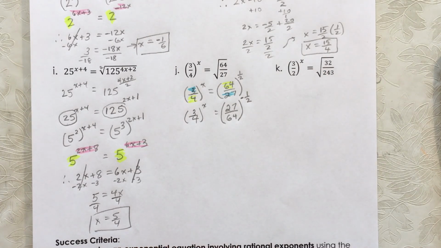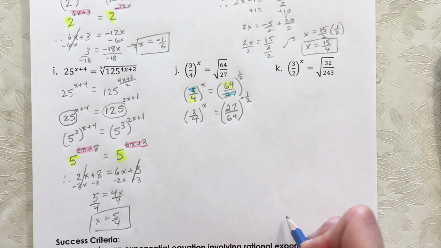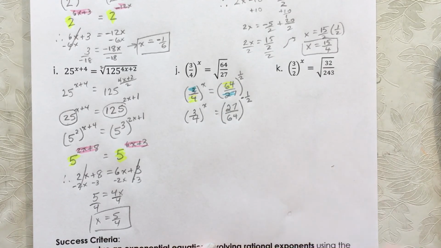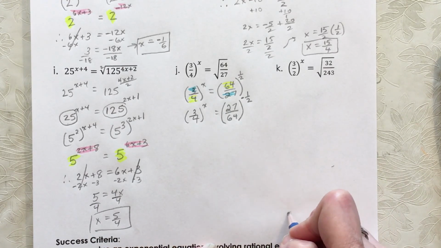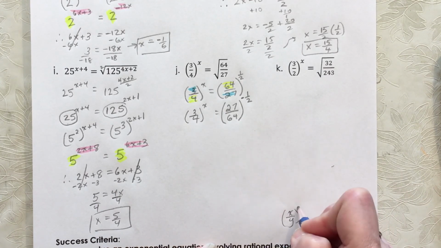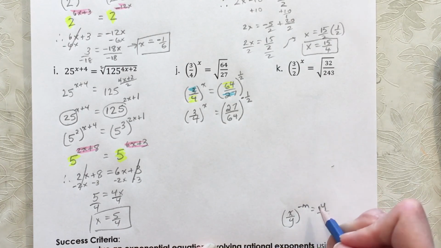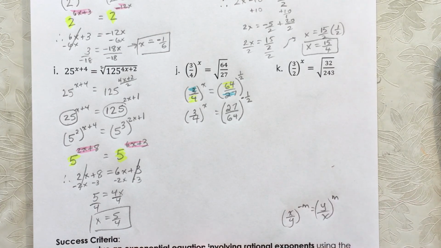Okay, and that's using the rule that if you have x over y to the negative m, that's the same as y over x to the positive m. Okay, so that's one of our exponent rules that we learned on the first day that we talked about exponents. So, but we're using it backwards.